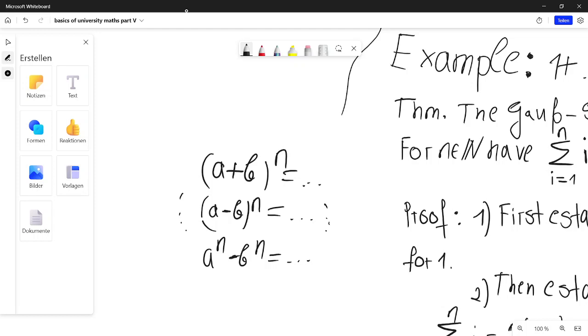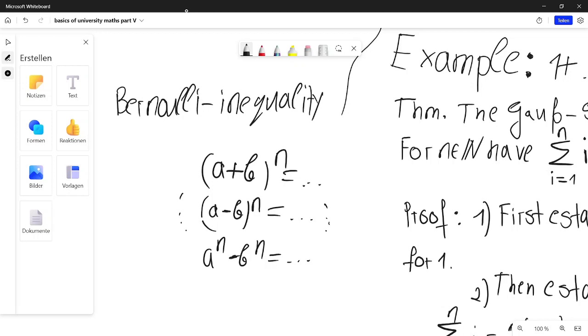Okay, and another thing that I actually would like to take a look at, but I guess I don't even remember how it is stated, but this is another thing that is proved by induction, and this thing is actually useful.